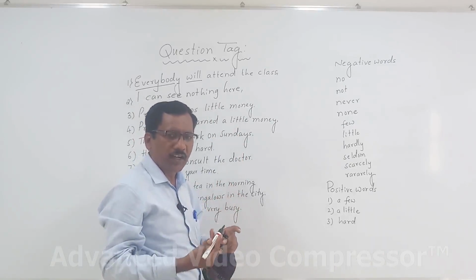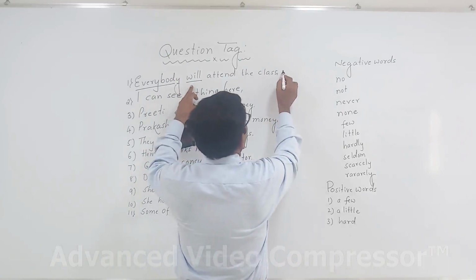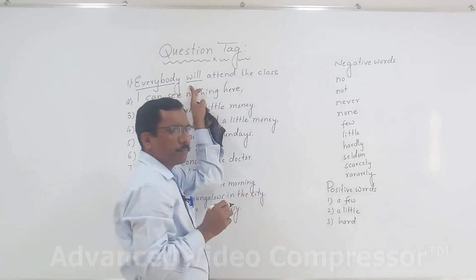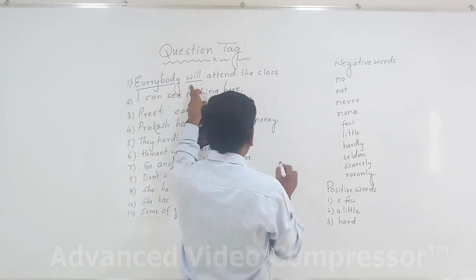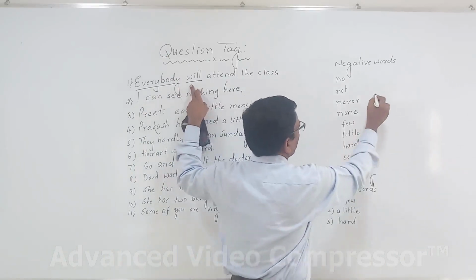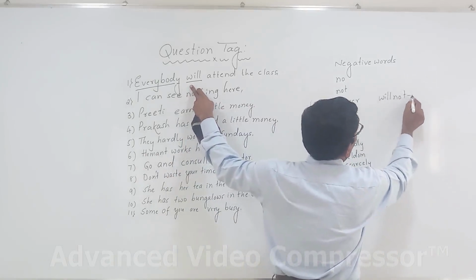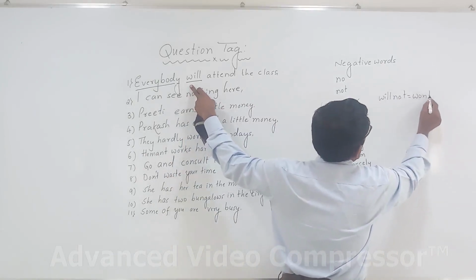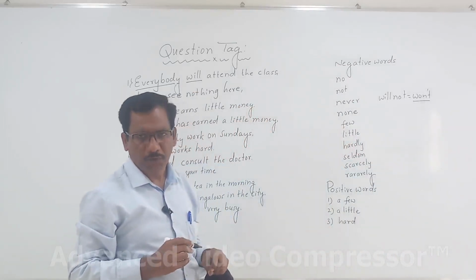For a negative question tag, first of all we need a helping verb. The helping verb available is will plus not. Please remember, will not short form is won't.